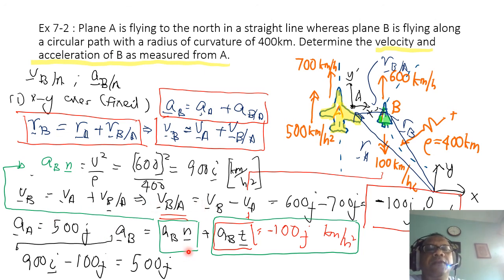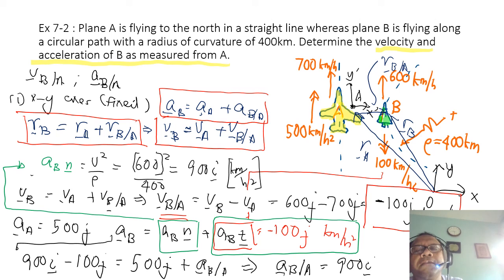So then we have the acceleration of B relative to A. The acceleration of B when measured from A equals 900I, and this value goes to the right, minus 600J kilometer per hour squared.